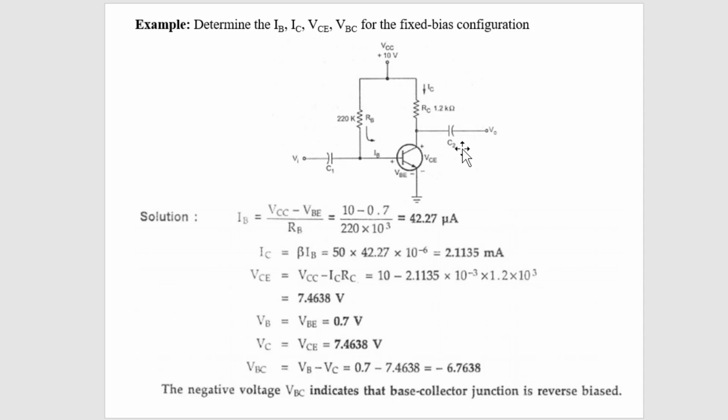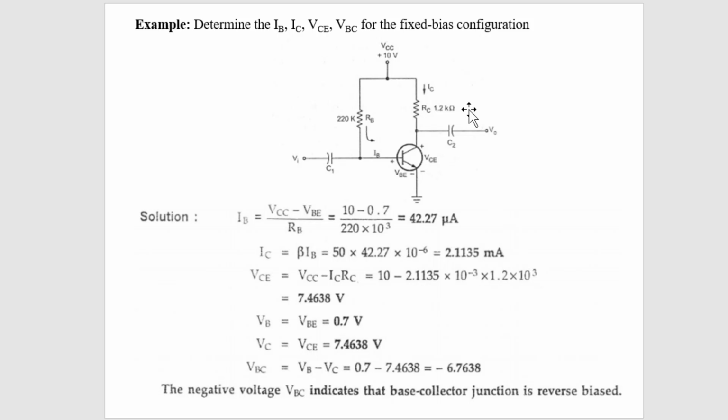If you look at the circuit diagram, one DC power supply is there, and the positive end of the DC power supply is connected through a resistor to the base, and the same DC power supply is connected to the collector through a resistor, and the emitter is grounded, that means the other end of VCC is grounded. So we can see that this circuit is basically a fixed bias configuration.